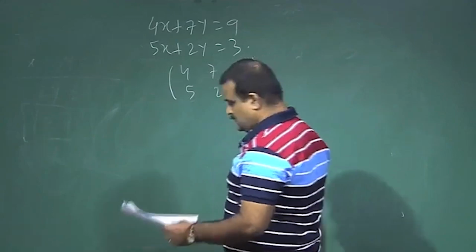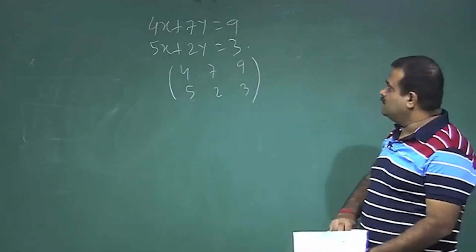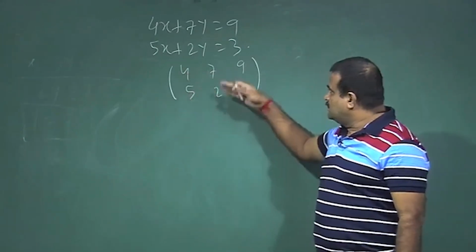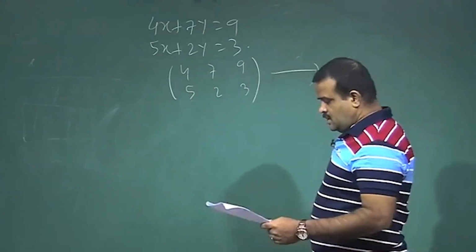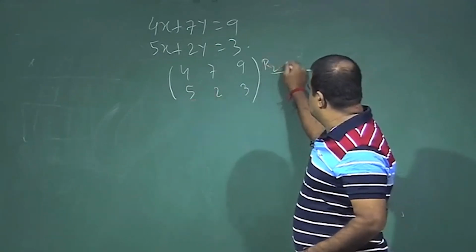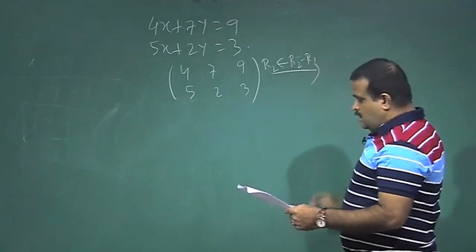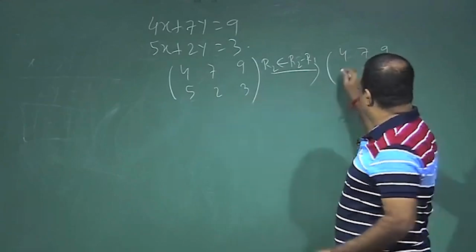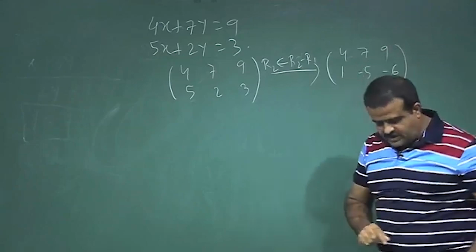We have to perform row operations on this matrix to make it 1 0, 0 1, and that will give us the solution. To do that, we perform the row operation R2 goes to R2 minus R1. R1 remains the same, and R2 becomes 1, minus 5, minus 6. Now, this has to be under mod 13.